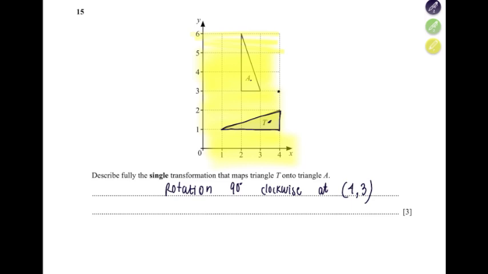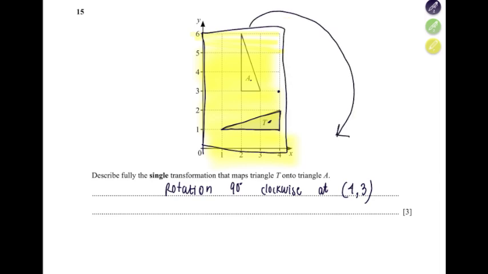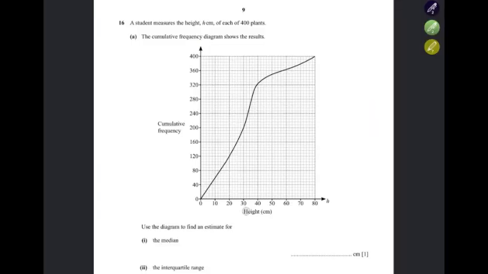If I keep my pencil at 4, 3 and rotate my tracing paper clockwise, my triangle will fall into this position. So this is a 90-degree rotation, because I'm rotating 90 degrees clockwise at 4, 3. I keep my pencil at this point and rotate the paper 90 degrees clockwise.